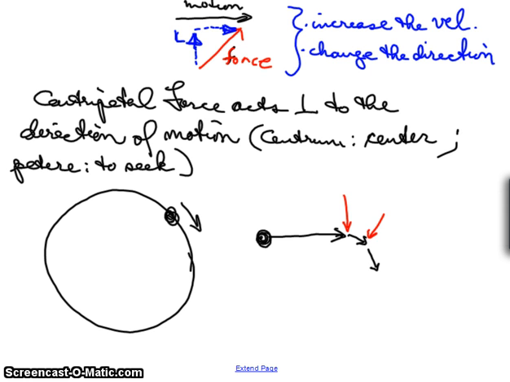Then I'm going to apply another force like that, perpendicular to that force, and that is going to change direction. Correspondingly, as I go all around like this, as I keep applying perpendicular forces, I end up creating a circle if I kept going around.